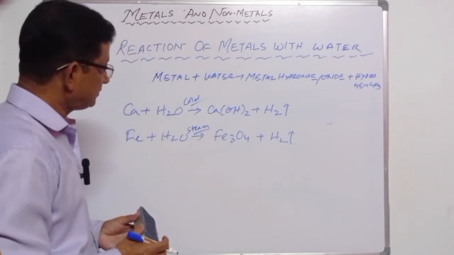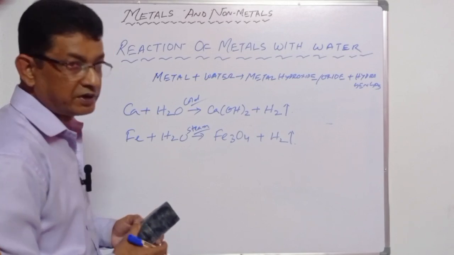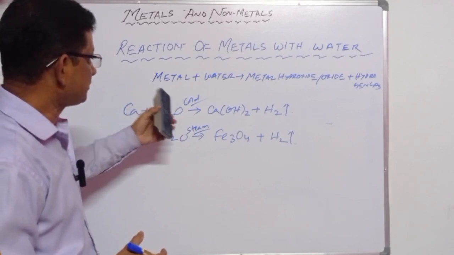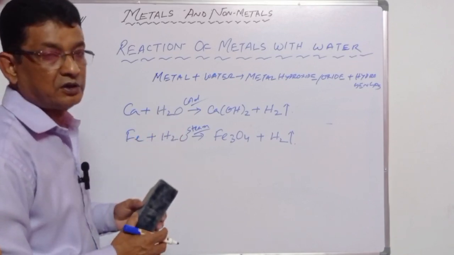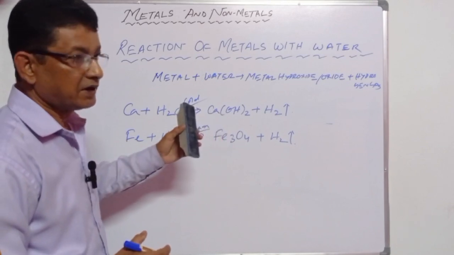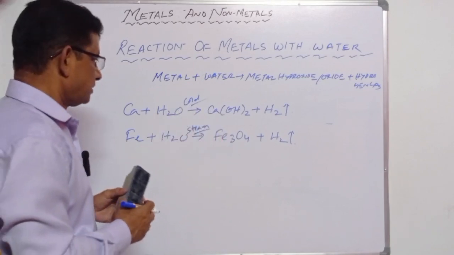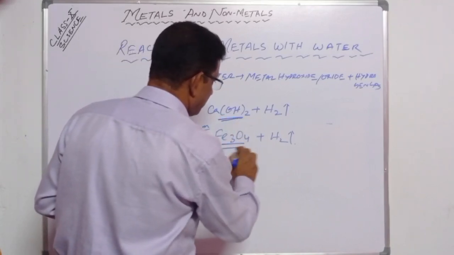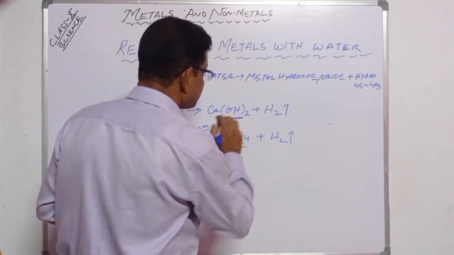There are also some metals which can react with hot water. So some metals react with cold water, some metals react with hot water, some metals can react in the form of steam to produce their respective hydroxide or oxide. This is oxide, this is hydroxide.